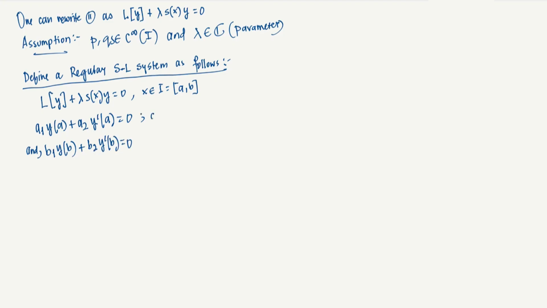Here the assumption is a1 squared plus a2 squared is non-zero, and similarly in the next one the assumption is b1 squared plus b2 squared is non-zero.